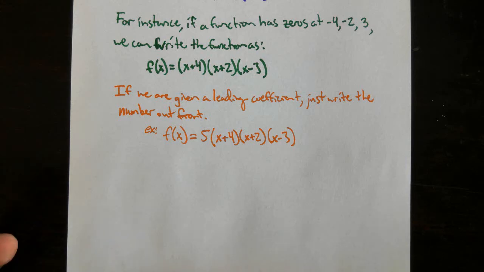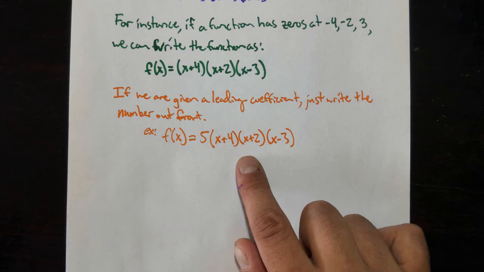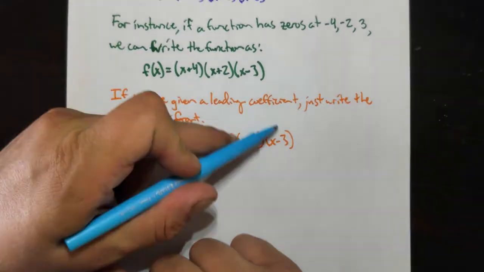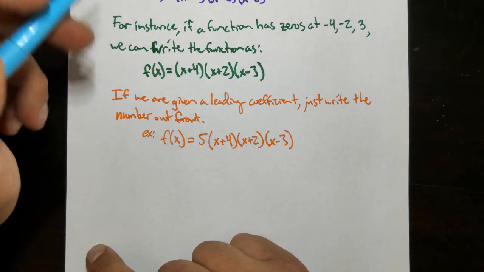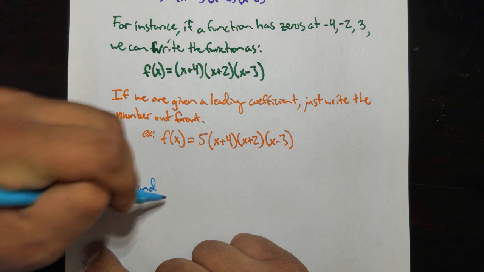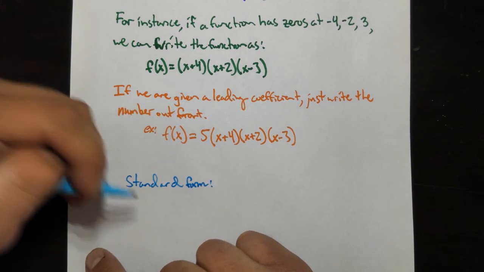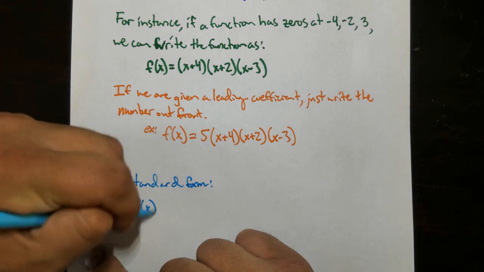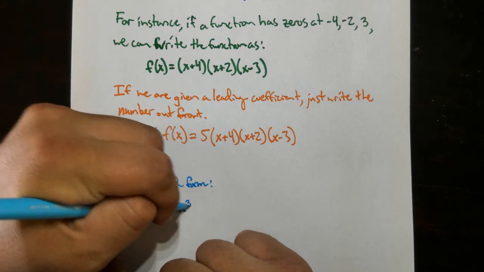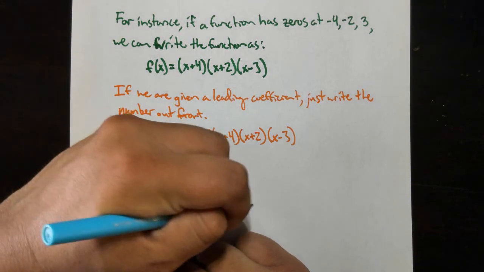So also, there are two forms that we're going to be writing in. One is factored form. This is factored form. And the other one is going to be standard form. Standard form, if you remember, is factored form all multiplied together. So standard form would look something like this: f of x equals ax cubed plus bx squared plus cx plus d.